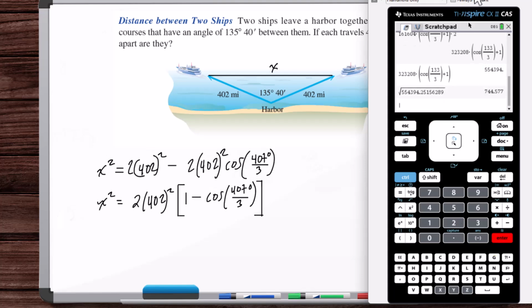Take the square root of that, so about 745 miles apart.